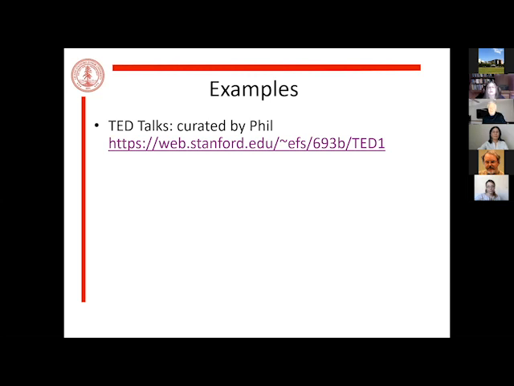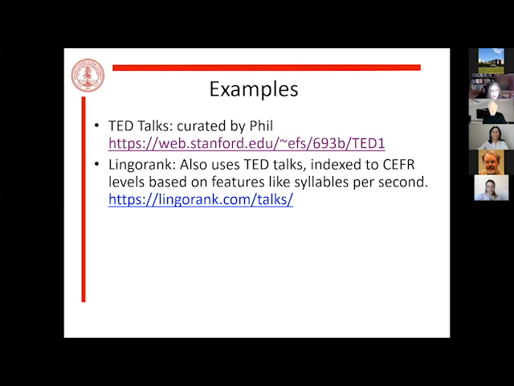This is a set of TED Talks that I curated into 4 groups of 4 to 5 talks each, so that students pick a theme like being green or humor, and then find talks within that. Lingo Rank is a more commercial site that also uses TED Talks and has indexed them according to the Common European Framework references.